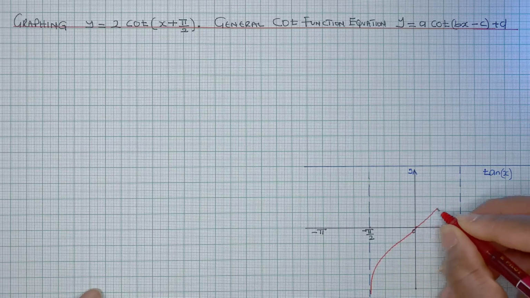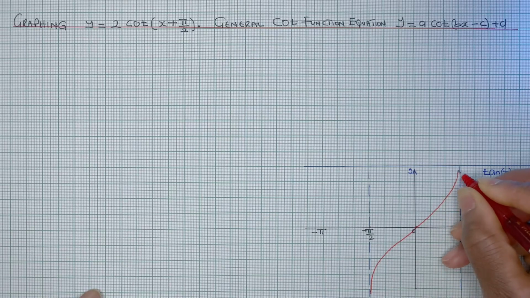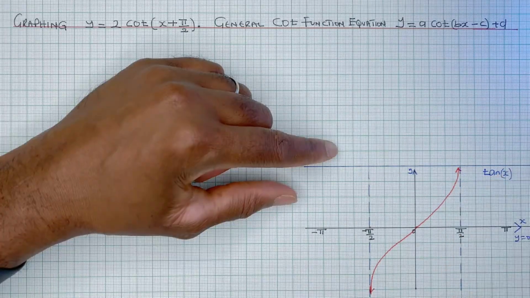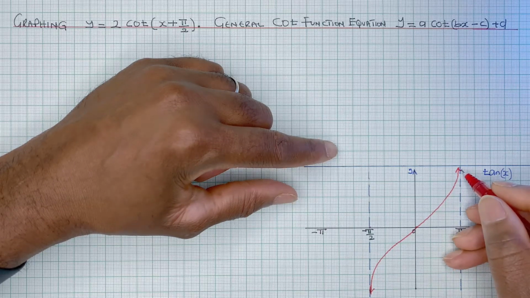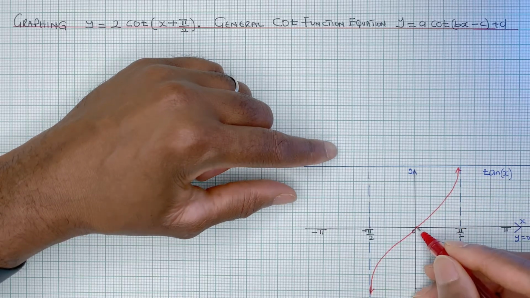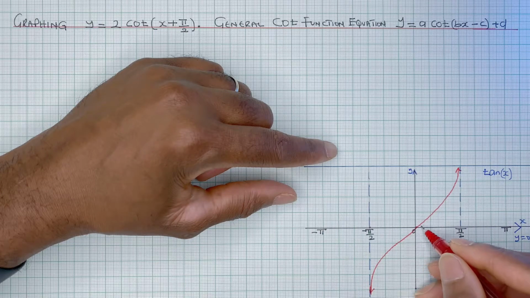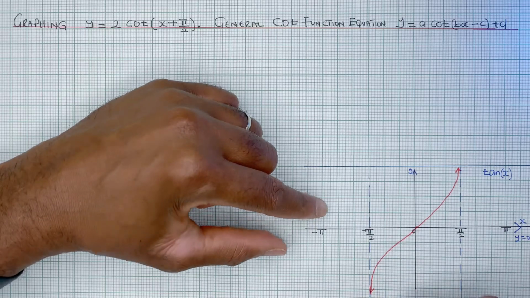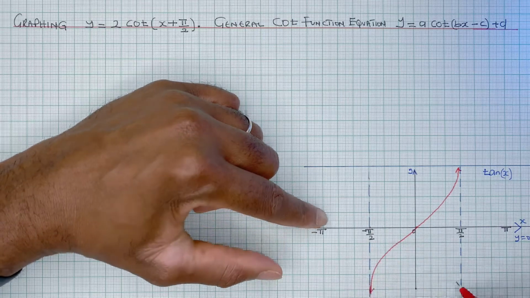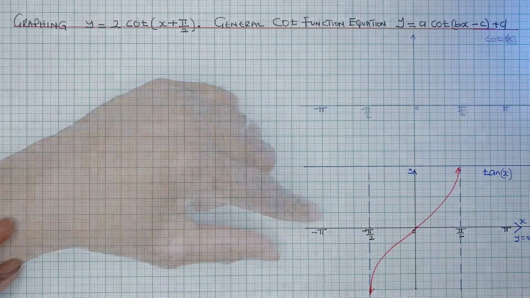At pi over 2, it goes to infinity. At 0, it crosses the x-axis. And at minus pi over 2, it goes to infinity. These two lines are the lines of asymptote.